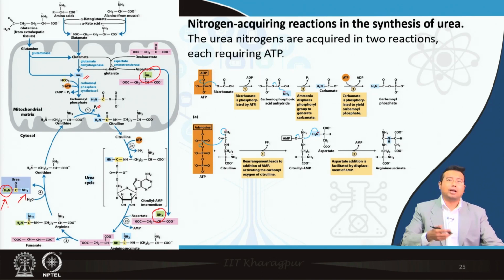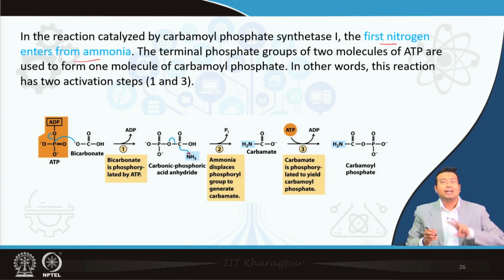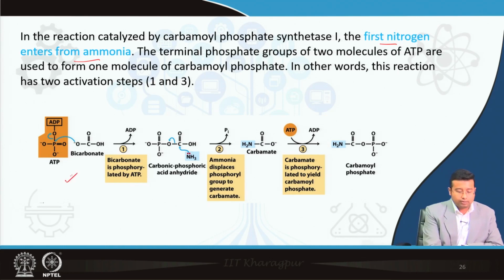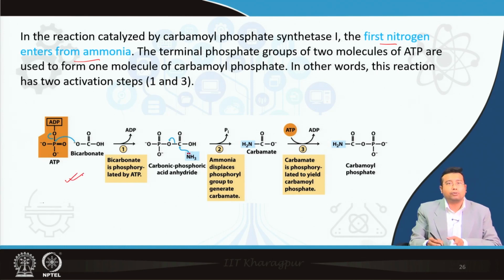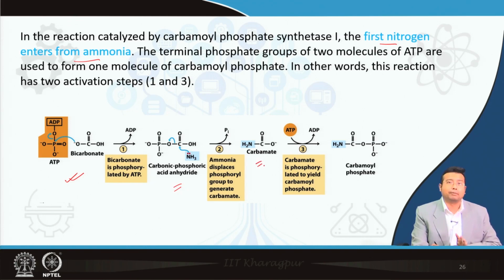Now, if we elaborate on these nitrogen acquiring reactions, we can see the first nitrogen that enters from ammonia actually requires 2 ATPs in this step. Okay. So, the first ATP combines with bicarbonate to form this intermediate, whose phosphate group ammonia replaces, alright, to form carbamate, and another ATP phosphorylates the carbamate to form carbamoyl phosphate.